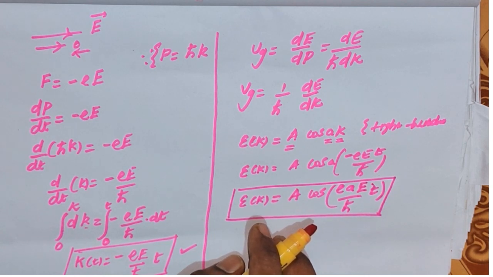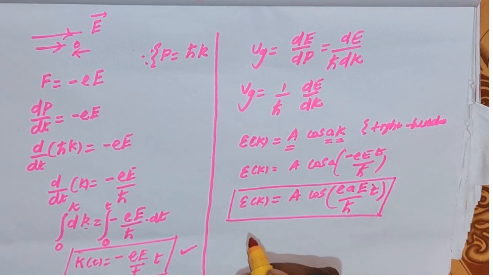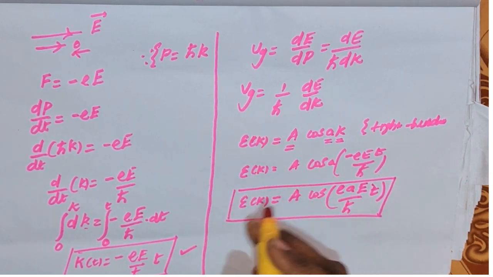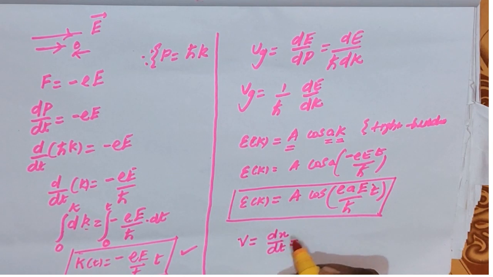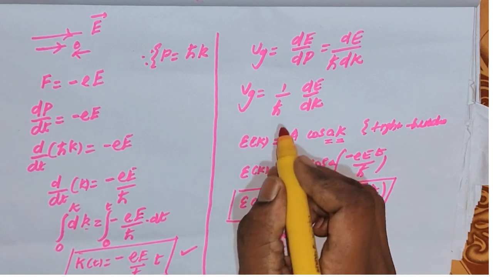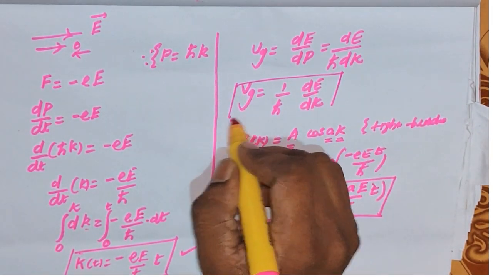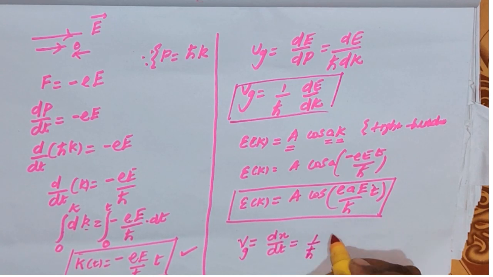Now our aim is to calculate the velocity of the position variation of the electron inside the material. We know velocity is equal to dx by dt, the rate of change of the position. What we know is the group velocity of the electron, because it's not a phase velocity, that we already derived: the group velocity is equal to 1 divided by h cut dE by dk.